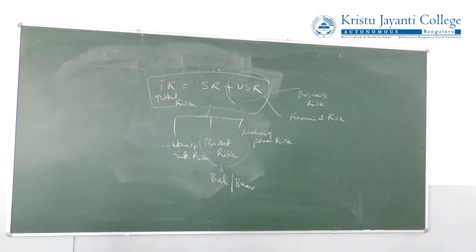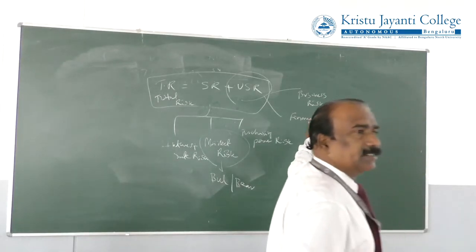Okay? So these are all subject to labor strike, death of a key officer in a company, the death of a big officer in a company. These are all attributable to a particular company. These are related to a particular business.